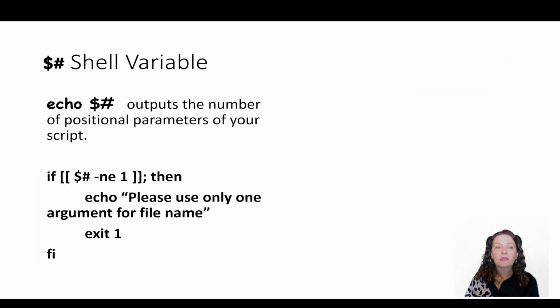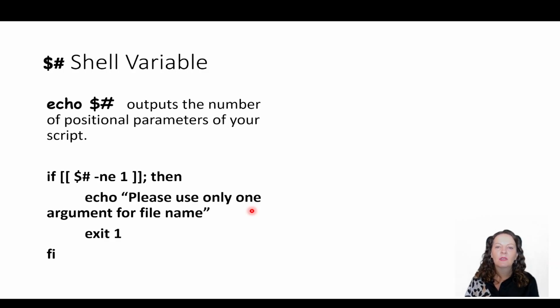Your $# shell variable outputs your positional parameters, as you know. So if the positional parameters are not equal to 1, then you can say, please only use 1 argument. So if it is 0 or if it is 2, then you're going to tell it, please enter your first name only. Something like that. And then there's your exit 1.